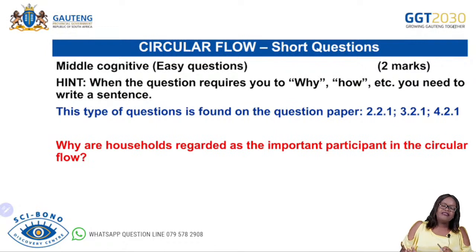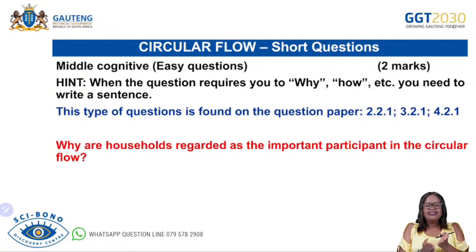Now, the very first question that we are going to be looking at, and remember, I will keep reminding you that the questions are not limited to these ones. So it is important for you to know all your content. Why are households regarded as the most important participant in the circular flow?